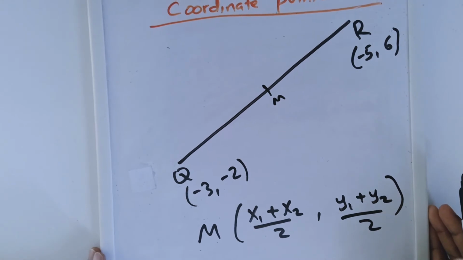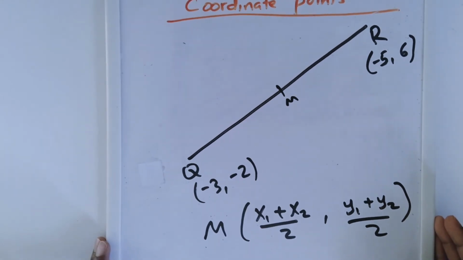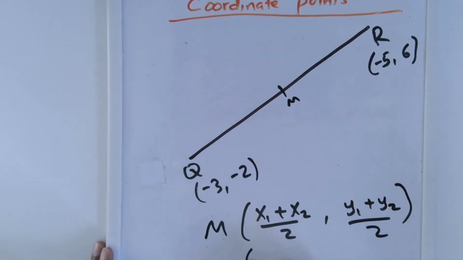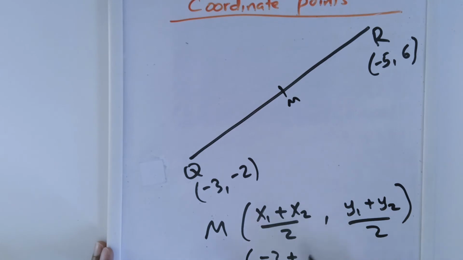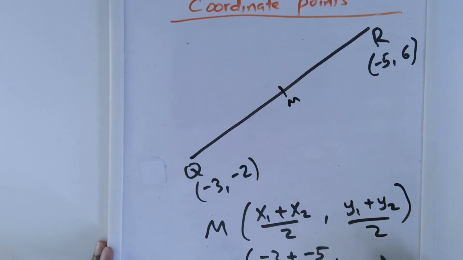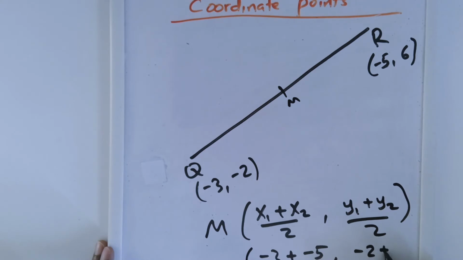Okay? The only difference here is we have negative values. What is our x1? x1 is negative 3 plus, what is x2? x2 is negative 5 divided by 2. What is our y1? y1 is minus 2. What is our y2? That is 6 divided by 2.